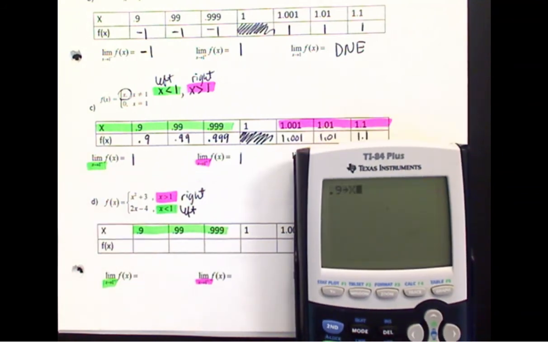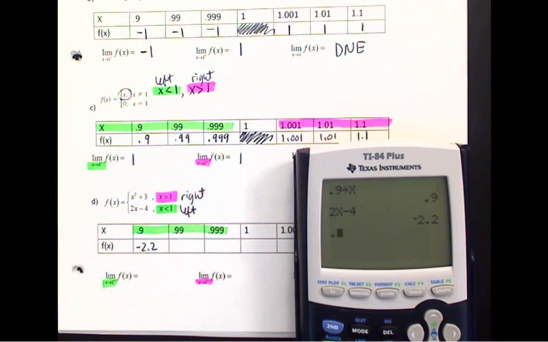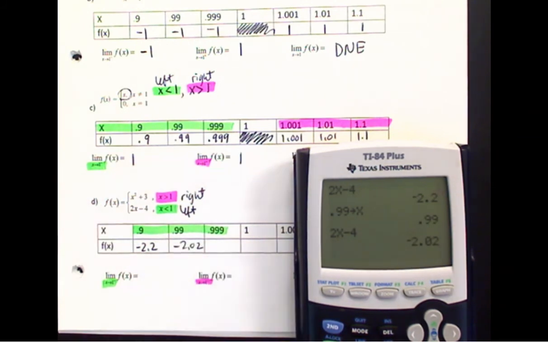0.9 for x, 2x minus 4. Okay, 0.99 for x, 2x minus 4. Oh, negative 2 point. Okay, can do that. 0.999 for x.